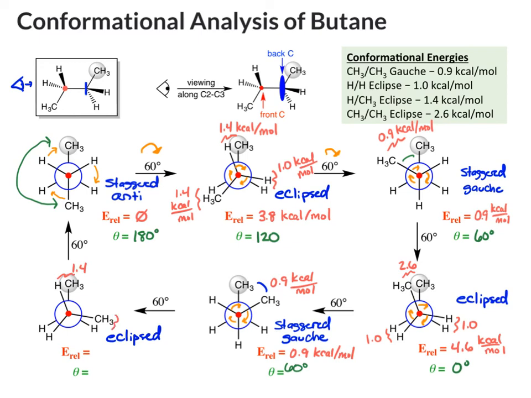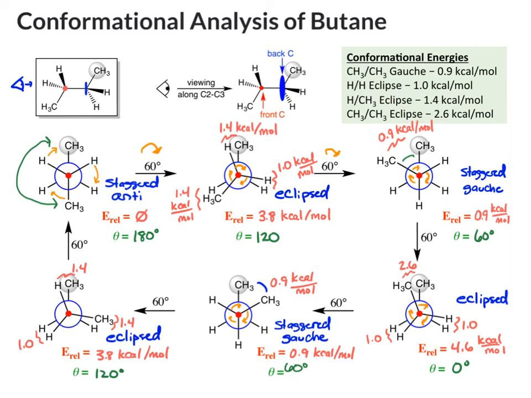Another hydrogen-methyl eclipse, which is 1.4. A hydrogen-hydrogen eclipse, which is 1.0. The relative energy of this is 3.8 kilocalories per mole. The dihedral angle between the methyls is 120 degrees.